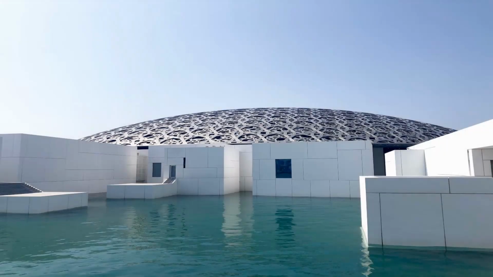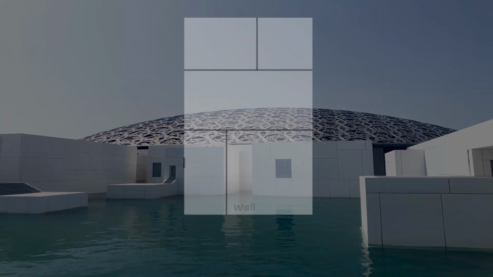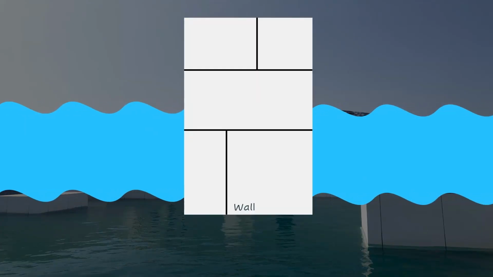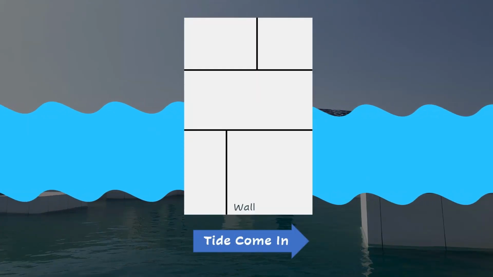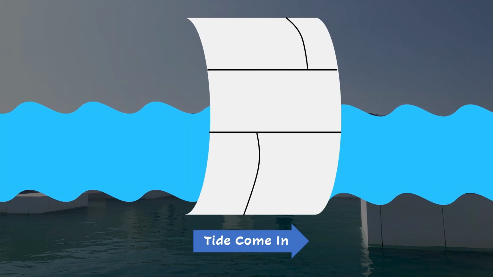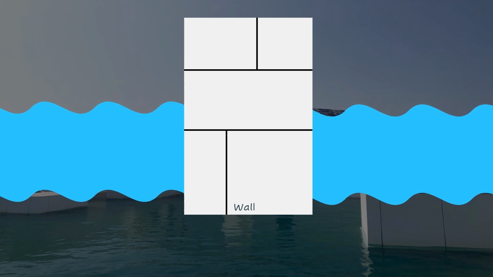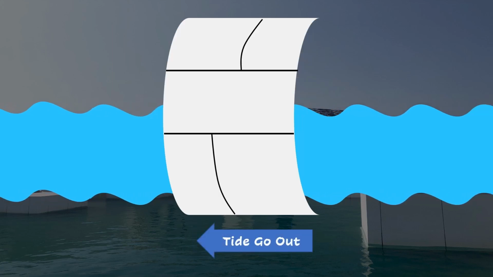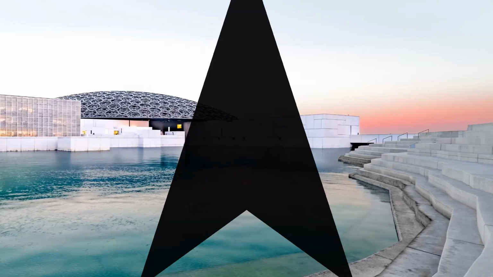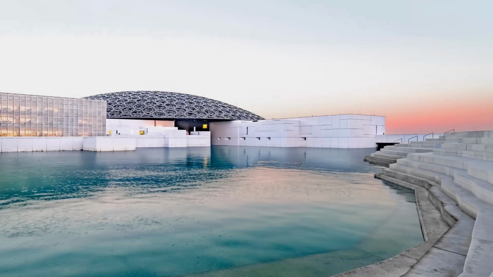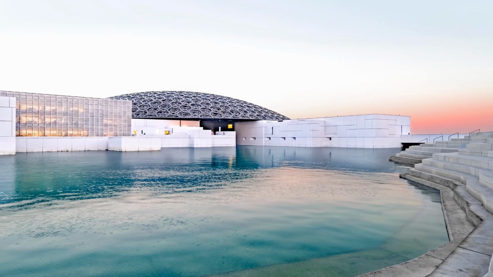These white walls not only protect the museum from the effects of waves, but also bend outward. This is to resist the suction effect caused when the water pressure drops rapidly as the tide comes in and goes out. Thus, the Louvre Abu Dhabi created structurally stable white buildings.